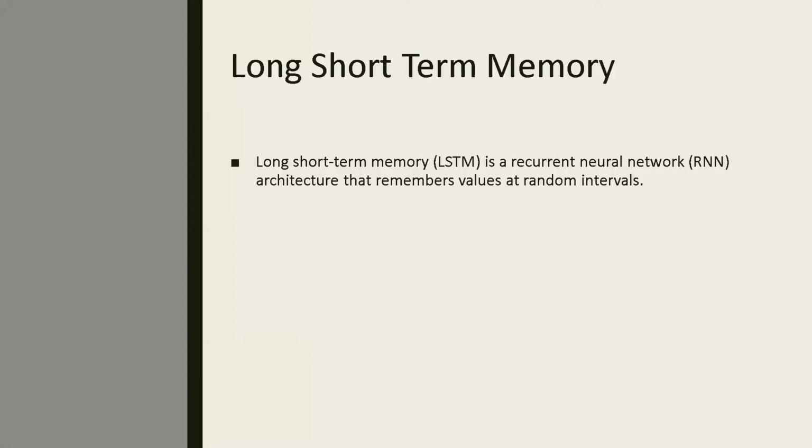Long short-term memory, LSTM, is a recurrent neural network architecture that remembers values at random intervals. Stored values are not changed when learning progresses in LSTM. Actually, LSTM is very suitable for classifying and processing time series and time series analysis.